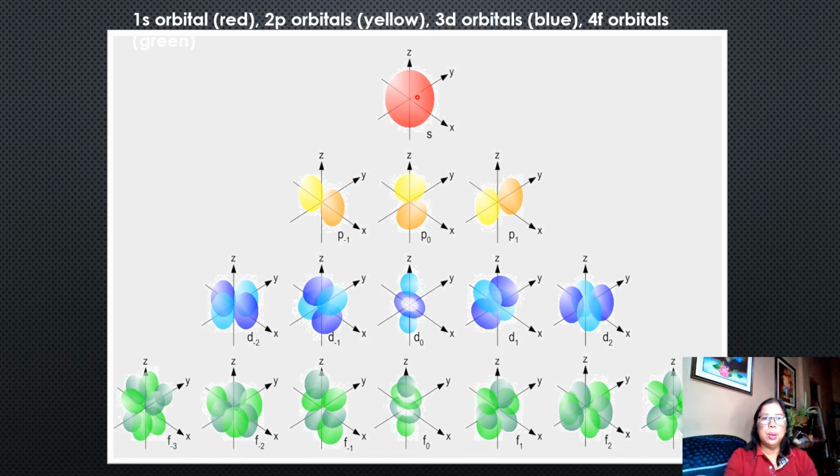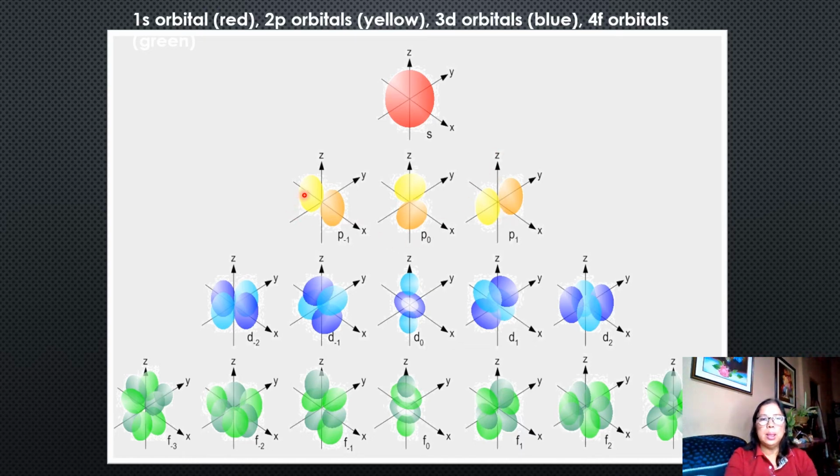And of course, you have here the illustration of the symmetry of the x, the y, and the z for your p orbitals. So these are your p orbitals: the p negative 1 position, p0, and also the p1.